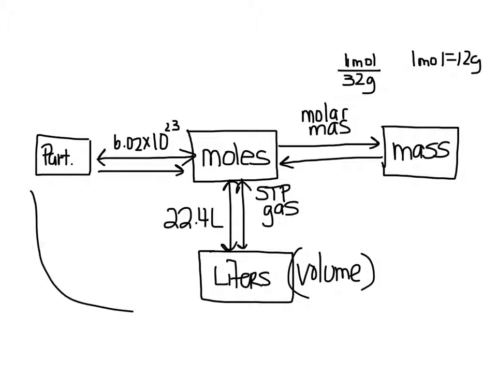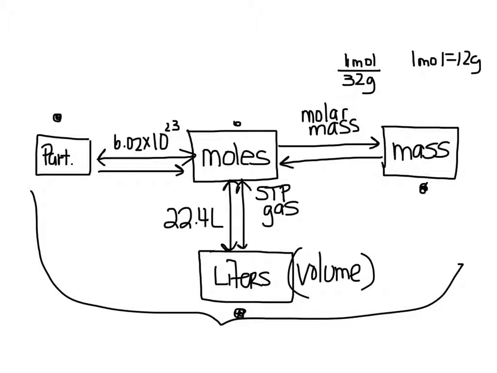Okay, you need to be able to do what I just did. You need to be able to draw this and know which direction to go. I should be able to give you any one thing on this table and a periodic table, and you should be able to go from particles to mass, from mass to liters, from any one of those things to moles. That's what you've got to be able to do to be successful in this chapter.